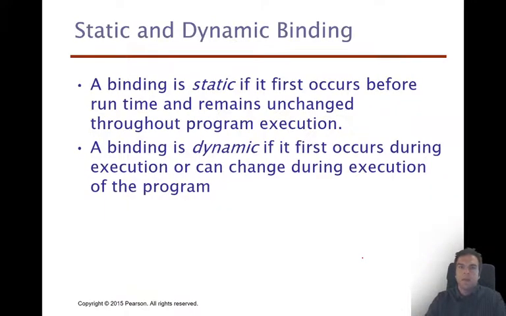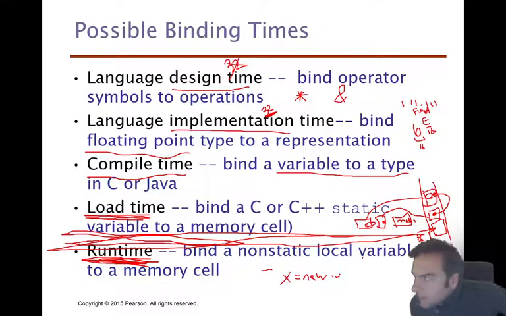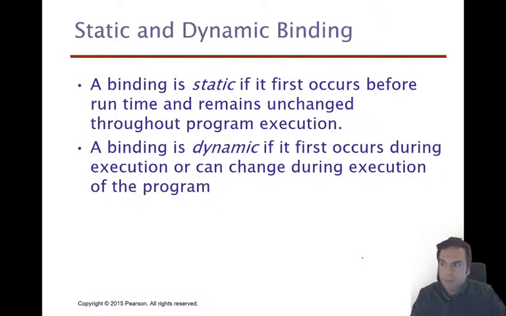Okay. So again, what are the possible binding times? Language design, language implementation, compile, load, and runtime. So make sure that you got those written down and you can remember them, because when you get these little quizzes and exams, you always have questions which are supposed to be the easy ones.